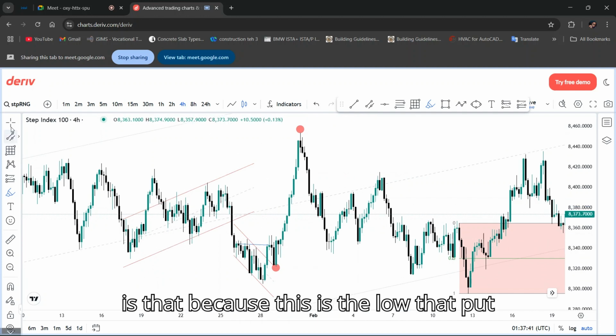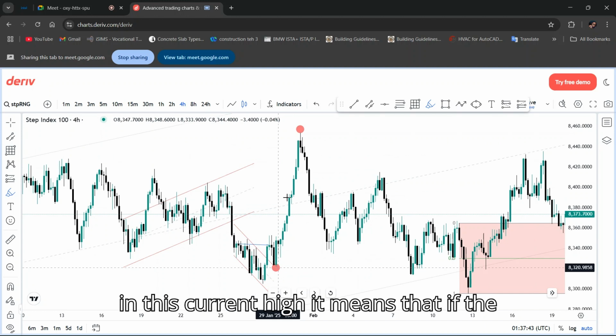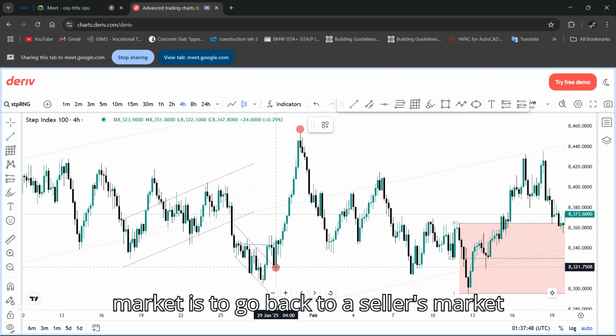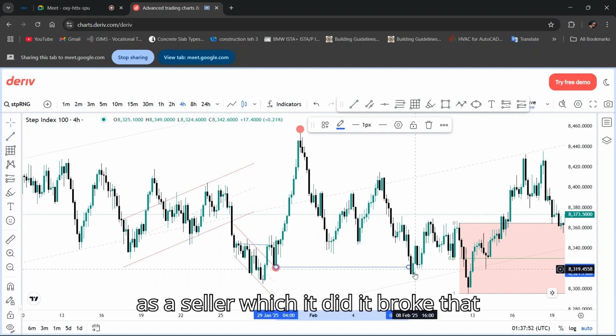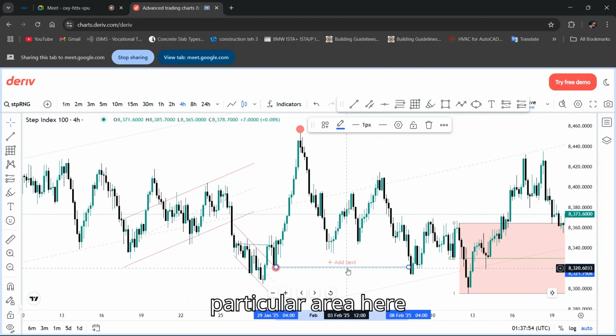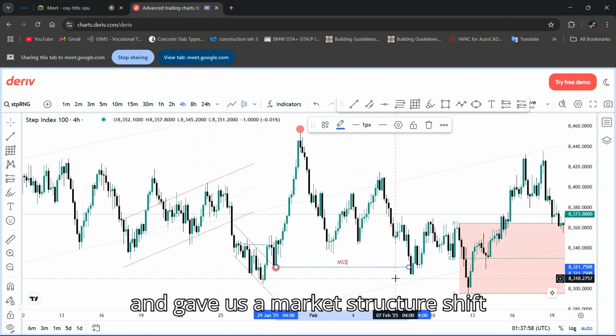So what it means is that because this is the low that put in this current high, if the market is to go back to a seller's market, it has to break back this low to go back as a seller, which it did. It broke that particular area here and gave us a market structure shift.